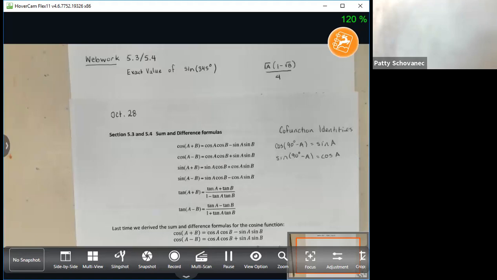That's quadrant 2. In quadrant 3, this actually, 180 should have gone here. And let's make this 270.